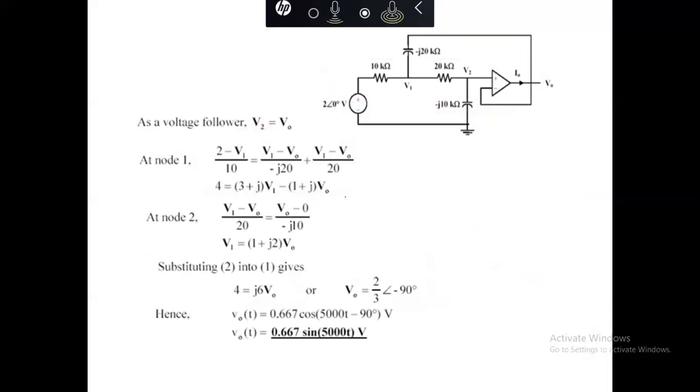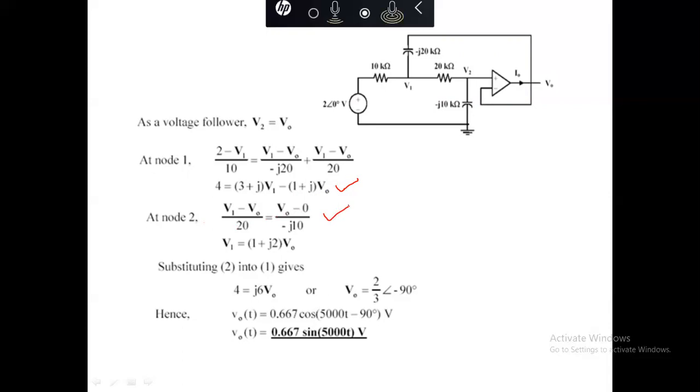At node 1, we will write the equation in terms of V1 minus Vout, right? And at node 2, we have taken this value.